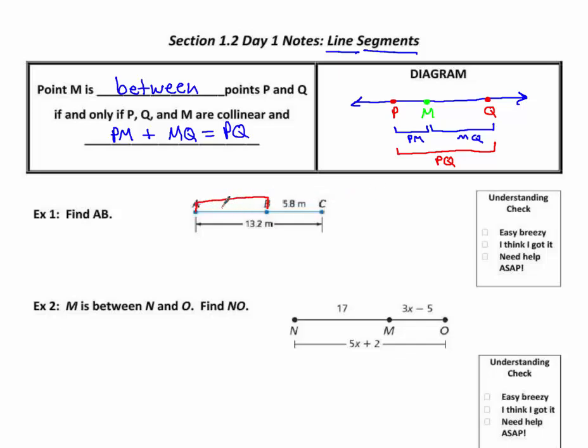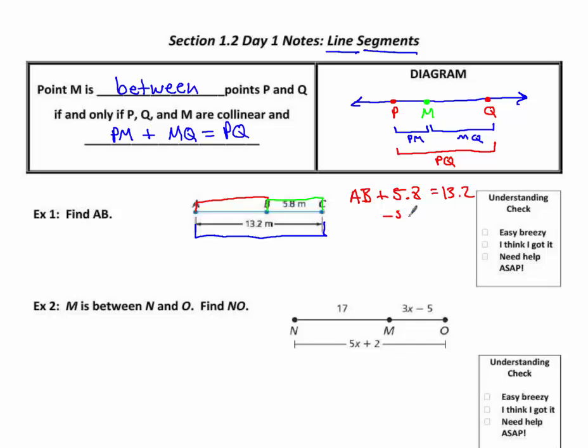Well, the easiest way to do is to just write out that AB plus 5.8 equals 13.2. And hopefully you can see that from A to B and then from B to C is going to have to equal A to C. And then we just solve this small algebra equation.